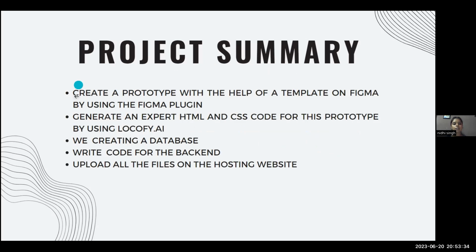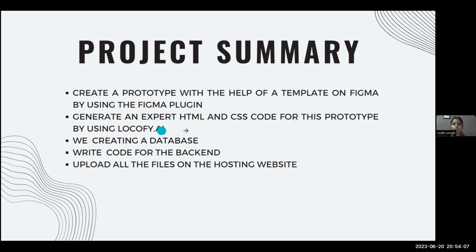My next part is the project summary. First of all, I took a template on Figma using the Figma plugin. Figma is a strong design tool to give a unique design to a website, or to website applications and so on. Next, I generated and exported the HTML and CSS code for this prototype using Locofy AI.